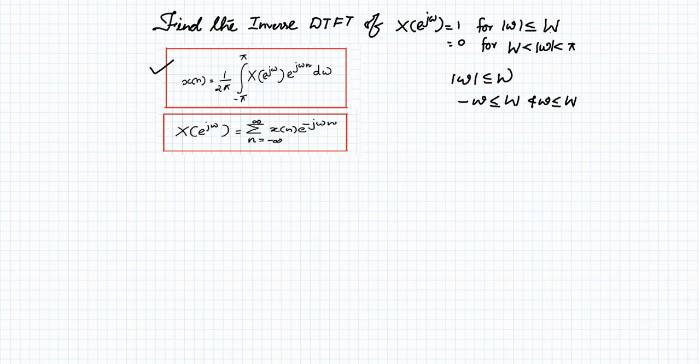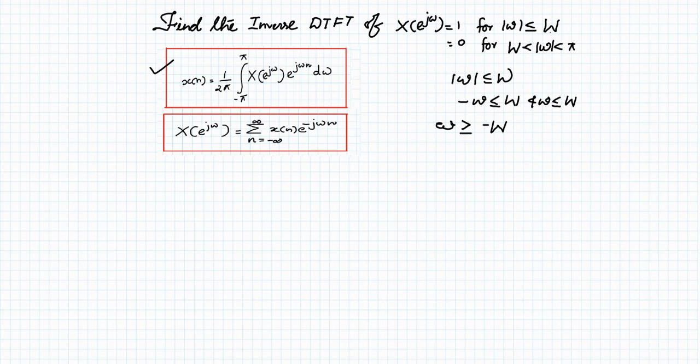Now we can rearrange this. This is actually minus ω, and we can write it in terms of ω. If we want to write in terms of ω, we need to multiply with minus 1, so this becomes ω and W becomes minus W. At the same time, we need to reverse the sign also.